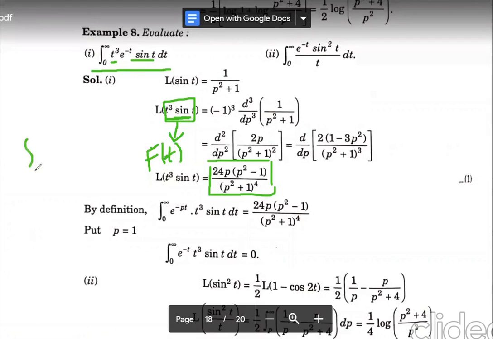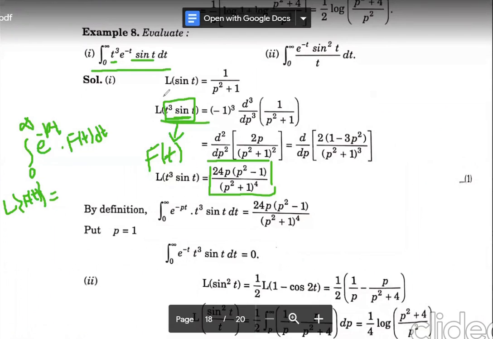That is the integral from 0 to infinity of e to the power minus pt into f of t dt. This is the Laplace transform of f of t.